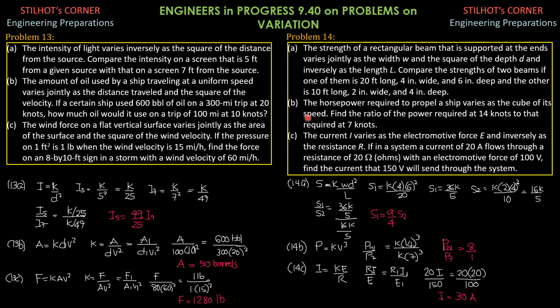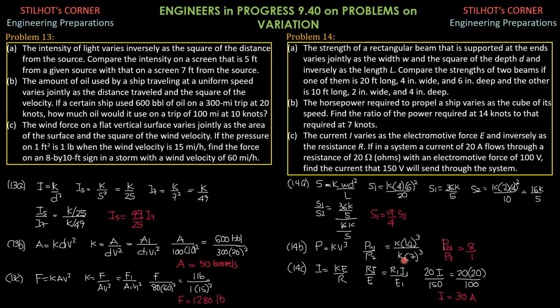Then 14b. The horsepower required to propel a ship varies as the cube of its speed. Find the ratio of the power required at 14 knots to that required at 7 knots. So power is the constant of proportionality times the cube of the speed. So power at 14 knots to power at 7 knots is K times 14 cubed over K times 7 cubed.